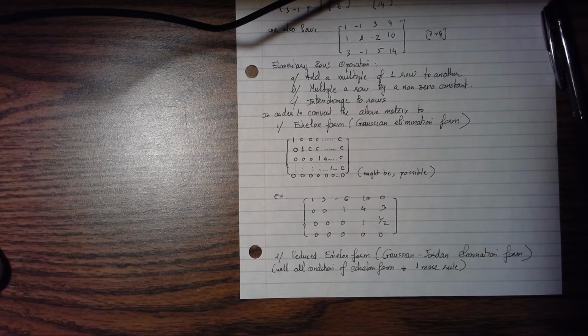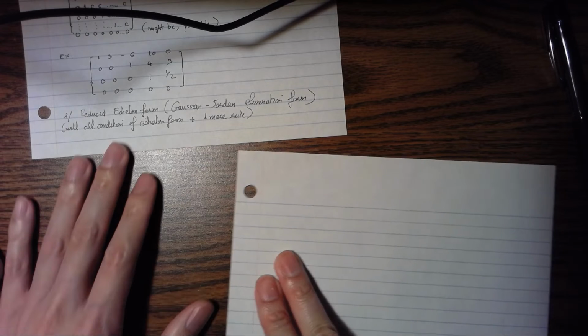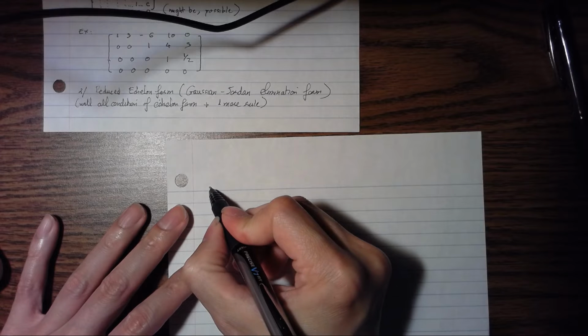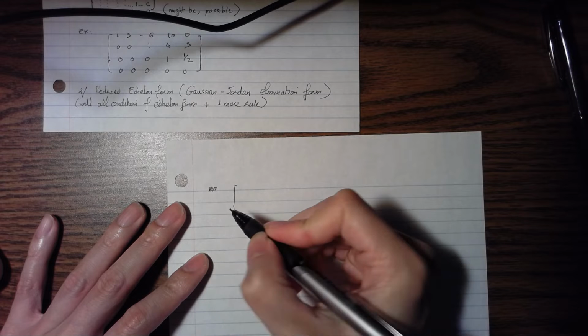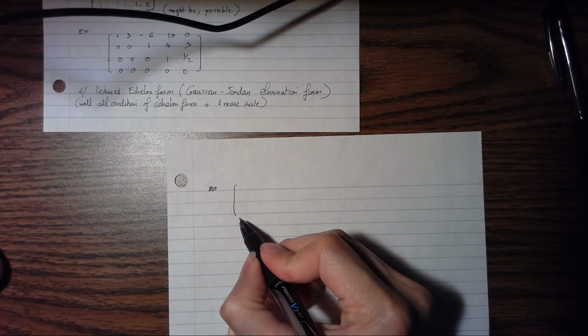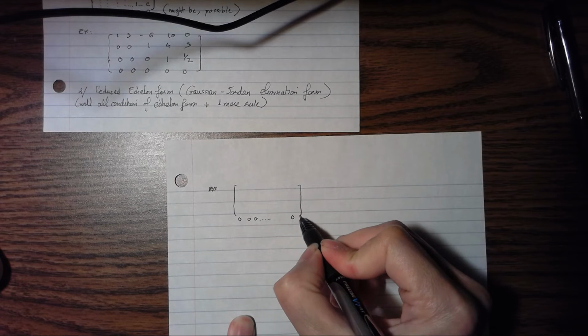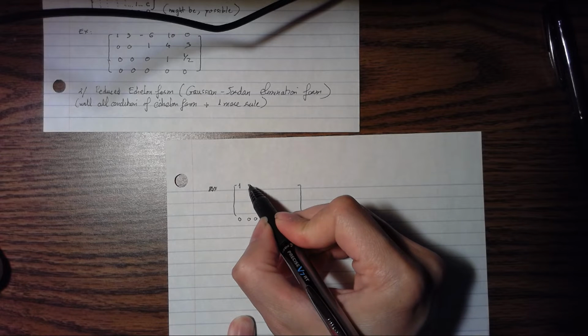Okay, let me give you the general form of Gauss-Jordan elimination form. The general form will be like this. It might have 0s at the bottom. It always has 1 as the leading entry of the first row.